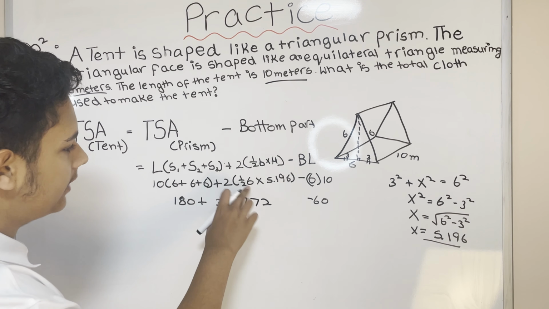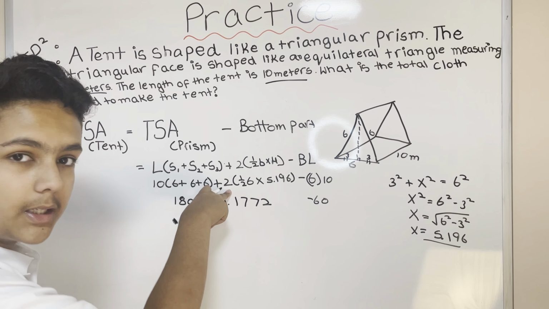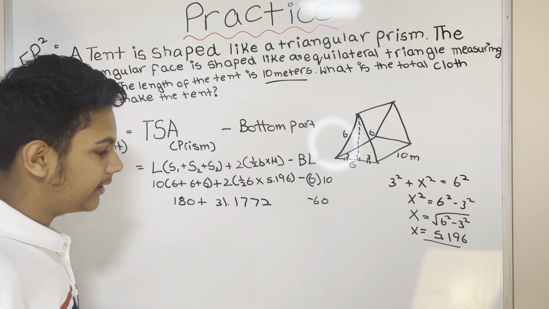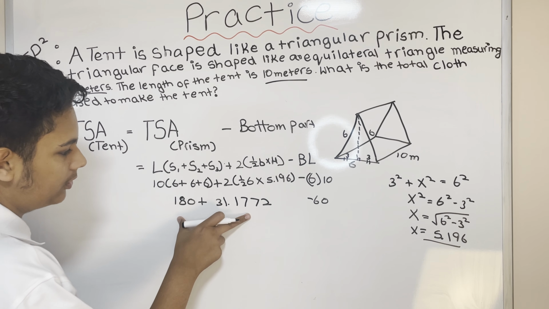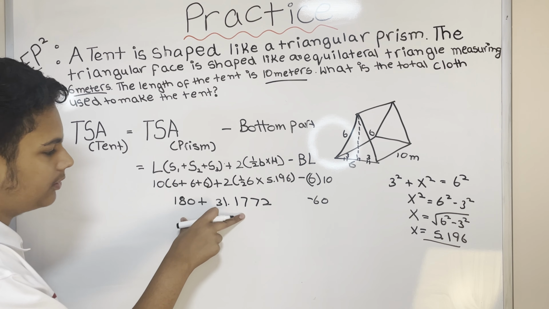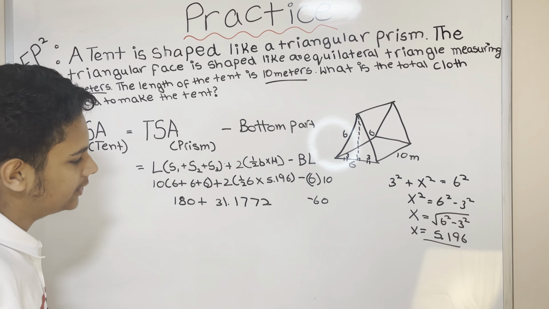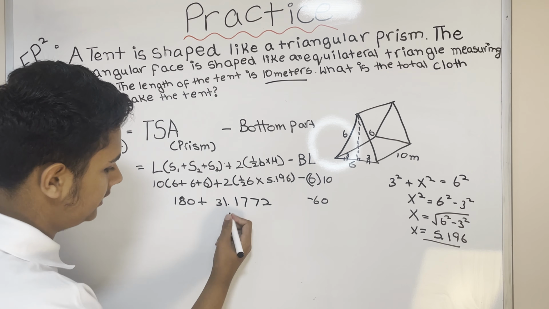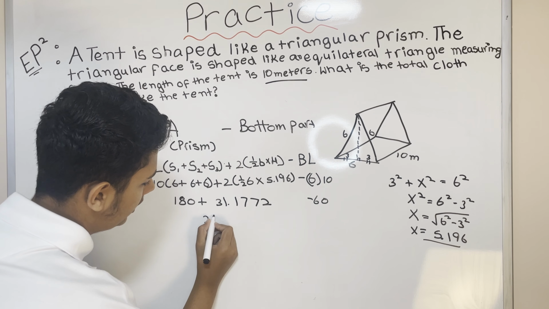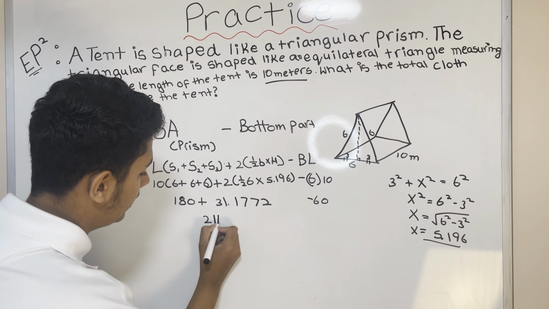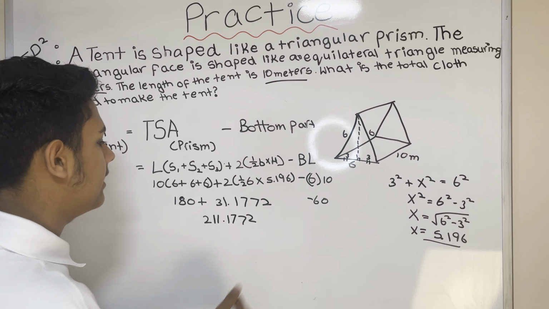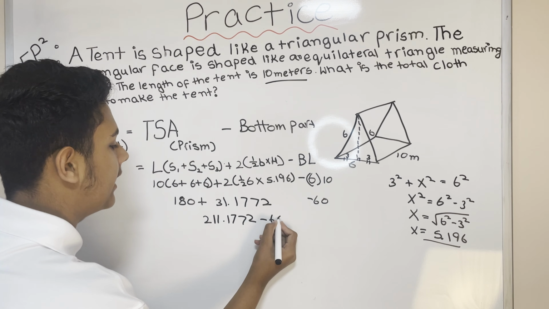So this is what we have after multiplying by 2, and now we have to add, subtract. You can do it either way; whenever you do this kind of math, you can do either addition or subtraction. It's on you. And then this equals 211.172, and then we subtract 60.